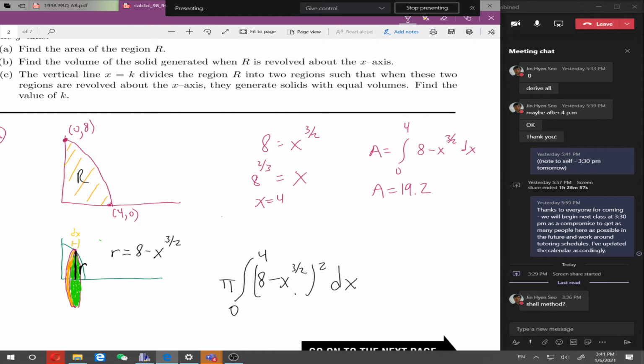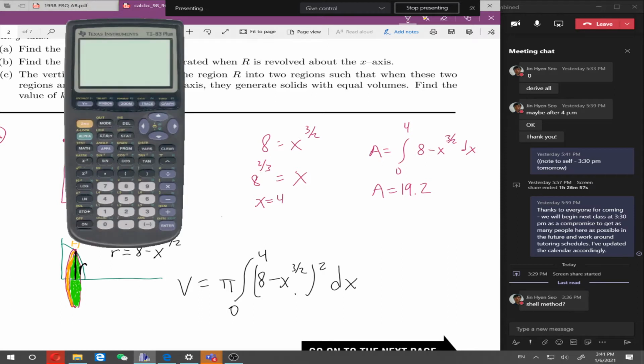Okay, I do need to find the volume, so I'm going to do the same thing that we did last time and just throw this into our graphing calculator. Again, we've already got 8 minus x cubed stored as y1, so we can shortcut a little bit. Actually, before I do math 9, let's go ahead and multiply by pi. So this will be pi times math 9.